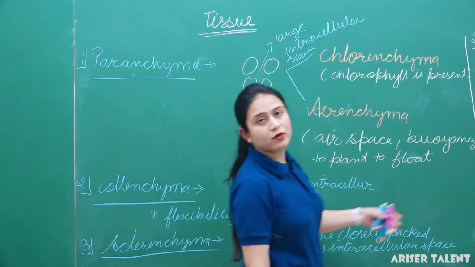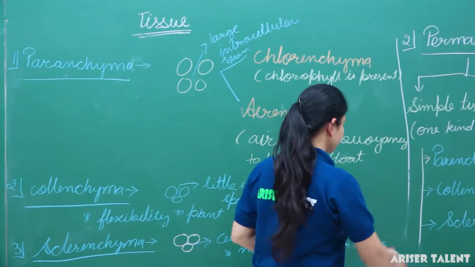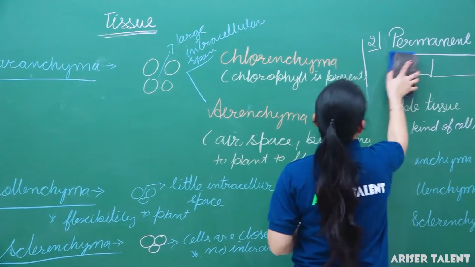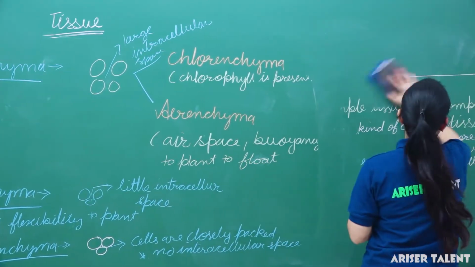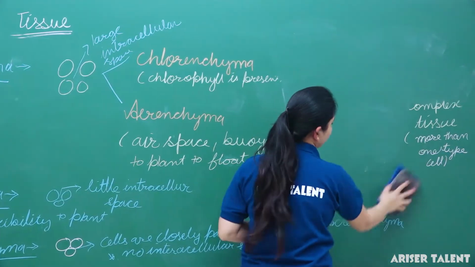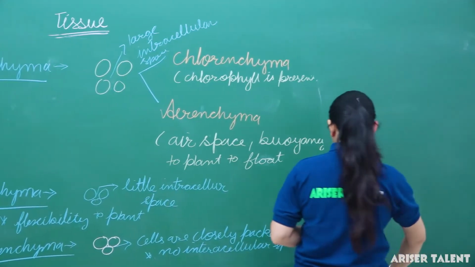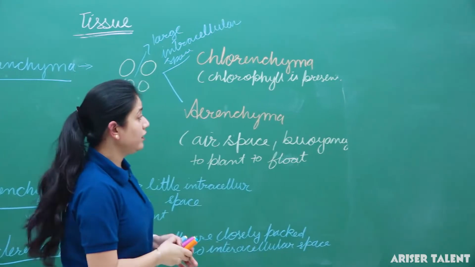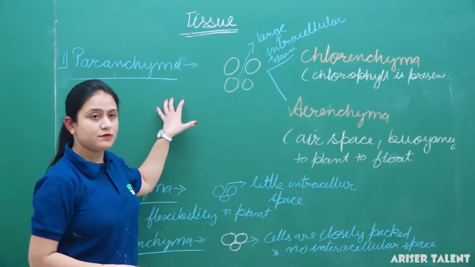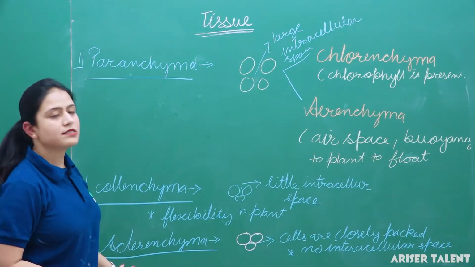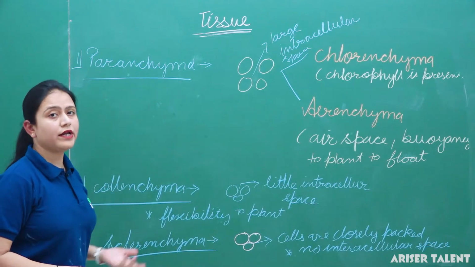Next we will study about the complex tissue. As I told you, they are made up of more than one kind of cell. As I told you in the simple tissues, Parenchyma, Collenchyma and Sclerenchyma are made up of one kind of cell.